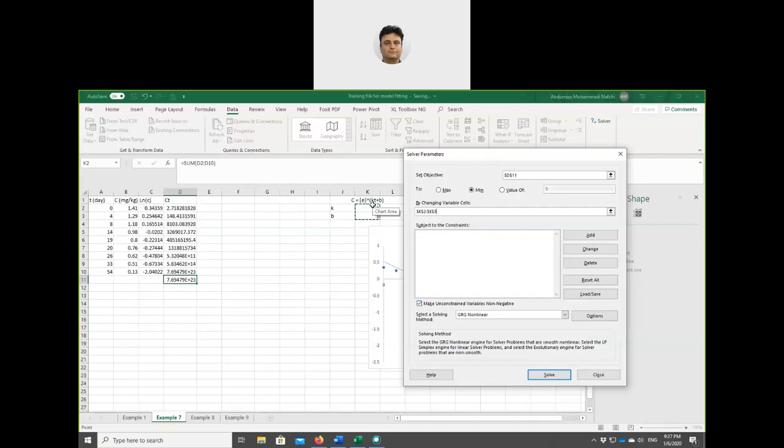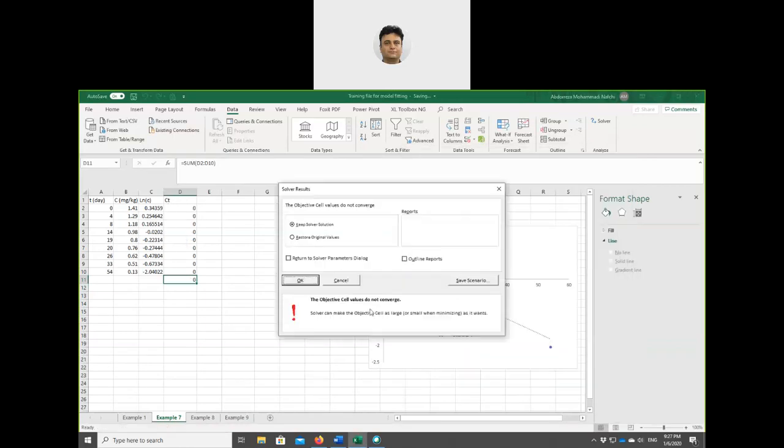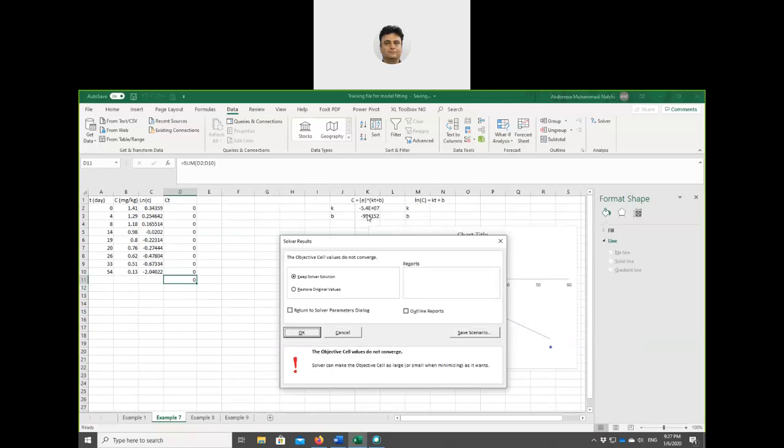You know that the K must be negative. So remove this one, and then I'm going to solve the equation here. You can see it cannot find a good result. All will be negative. I want all to be zero.